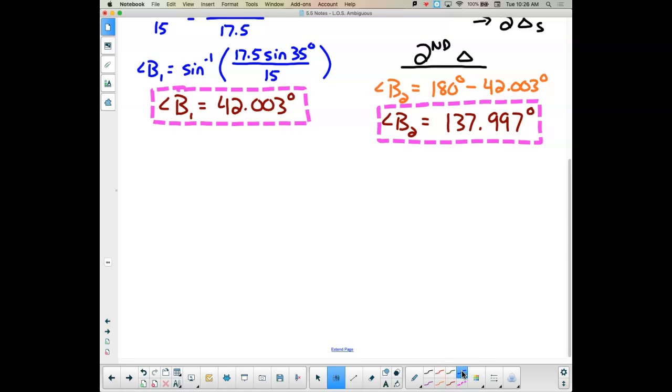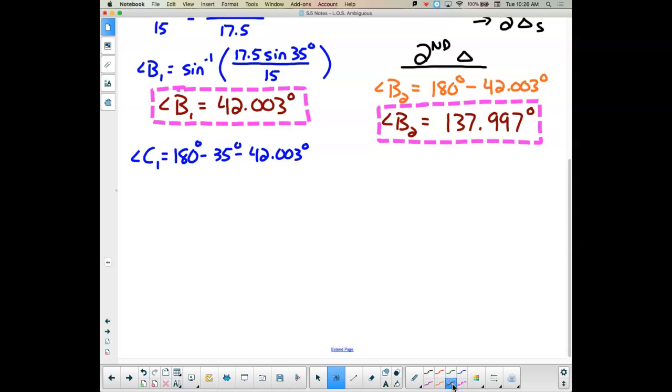Then angle C, right? Angle C, yep. 35 minus 42.003 degrees.